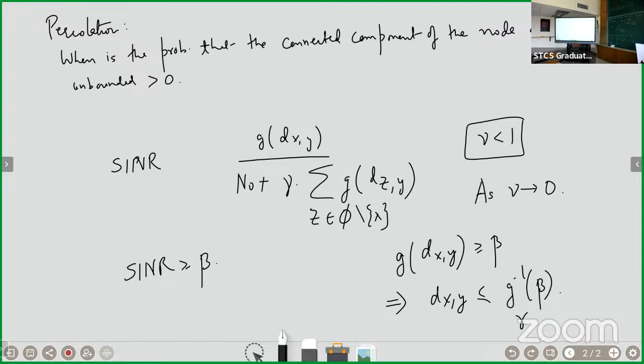So what all can you observe from this? Is there any percolation for all values of gamma?